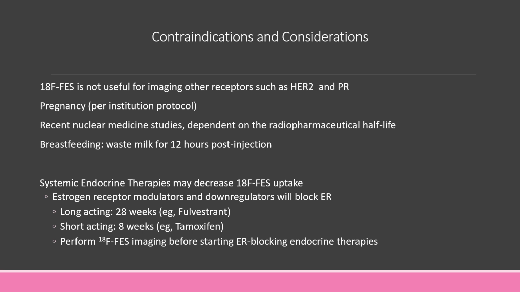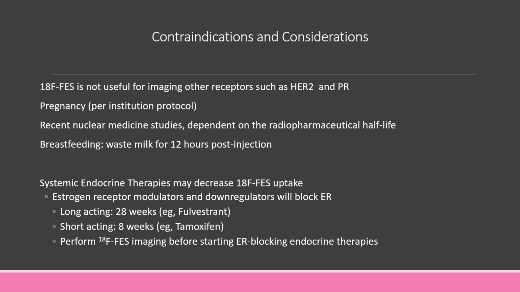And breastfeeding is also a relative contraindication. It is recommended that the patient should waste the breast milk for 12 hours after injection. Systemic endocrine therapy use may reduce FES uptake. The estrogen receptor modulators and down regulators will block the estrogen receptors.